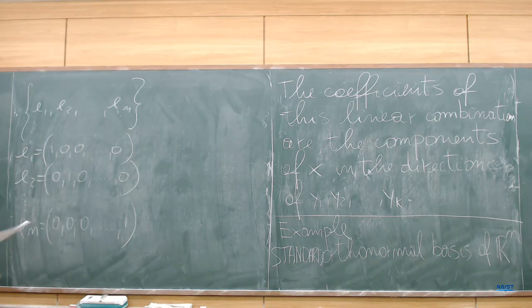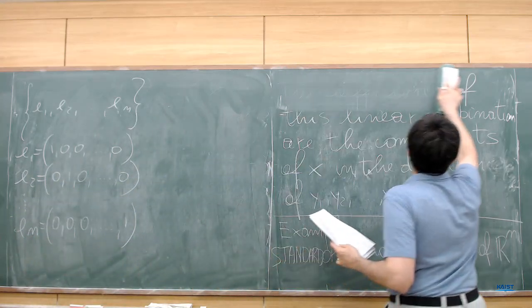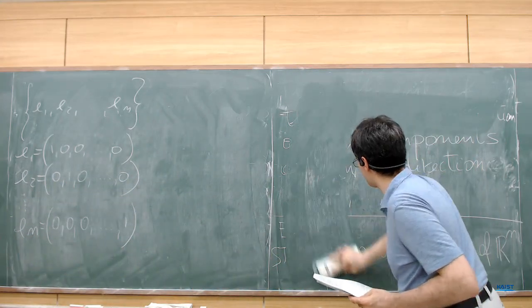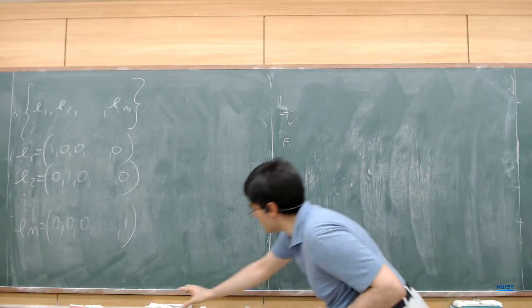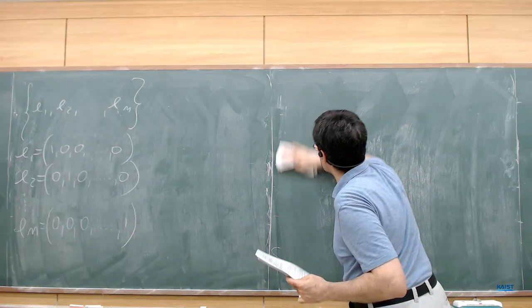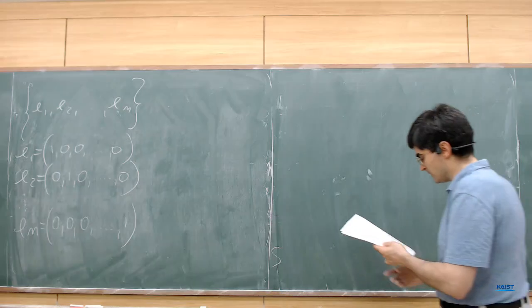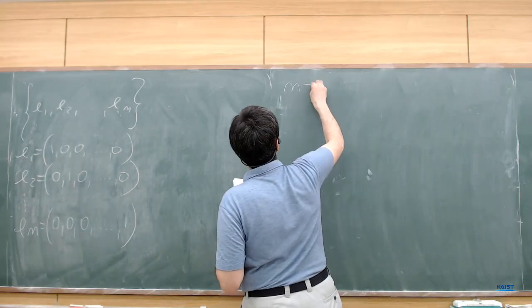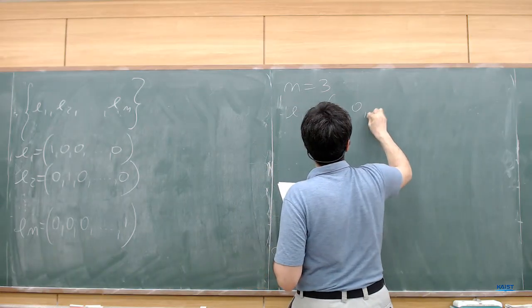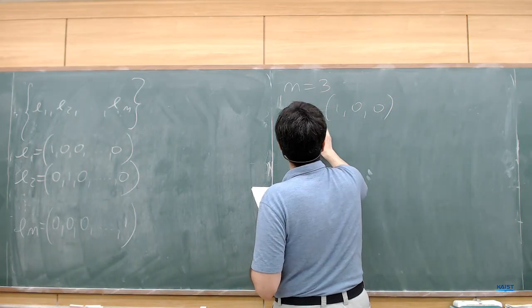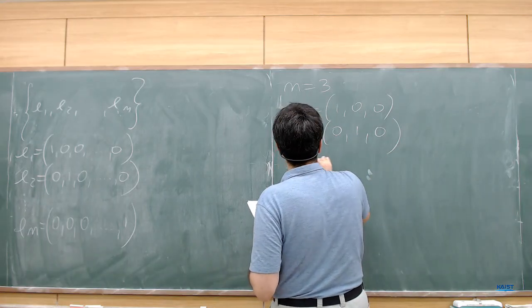So, for example, if you take n equal to 3, then you get e1 equal 1, 0, 0, e2 equal 0, 1, 0, e3 equal 0, 0, 1.